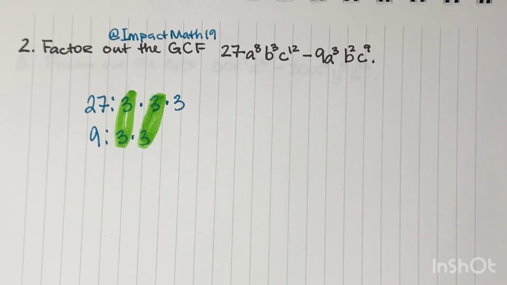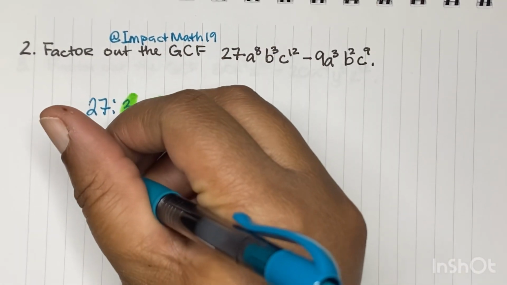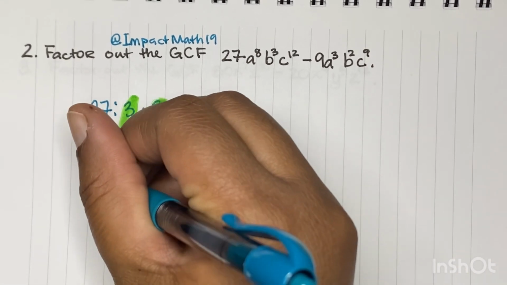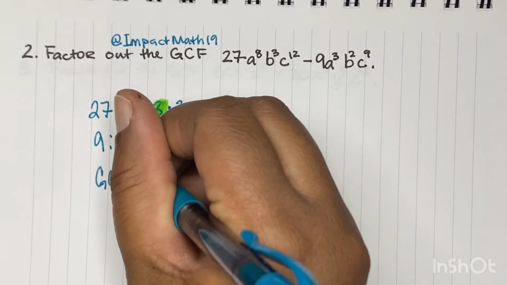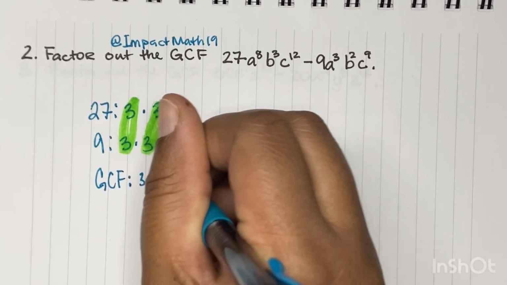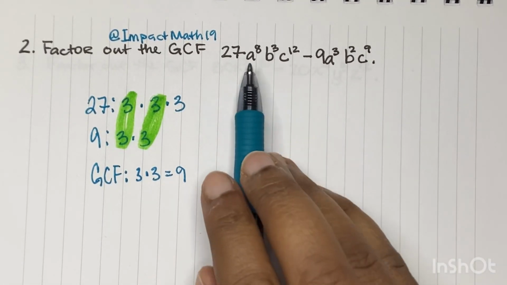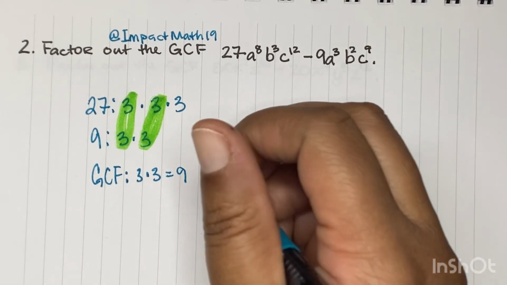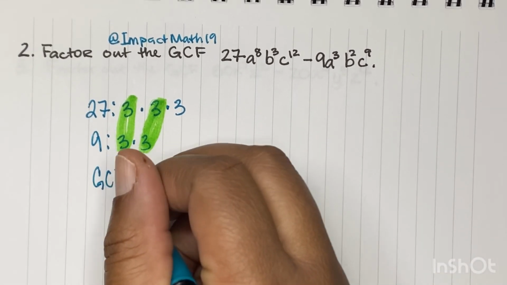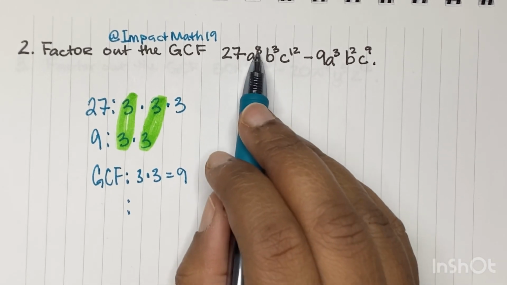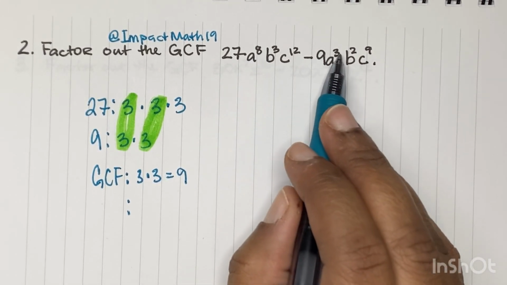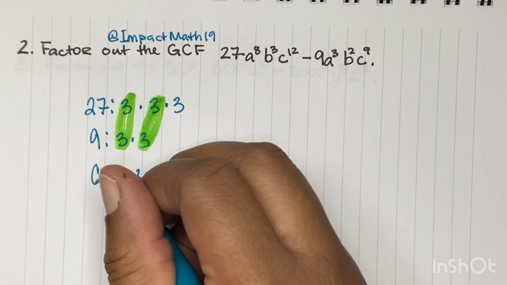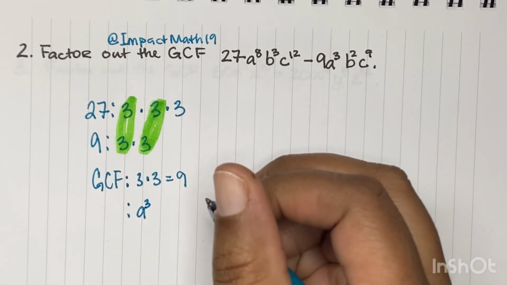So our GCF for our numbers would be 3 times 3, which is 9. Now, the greatest common factor that we can take out of our variables: we have a to the 8th, but we can't take 8 out of 3, but we can take 3 out of 8. So it'll be a to the 3rd.